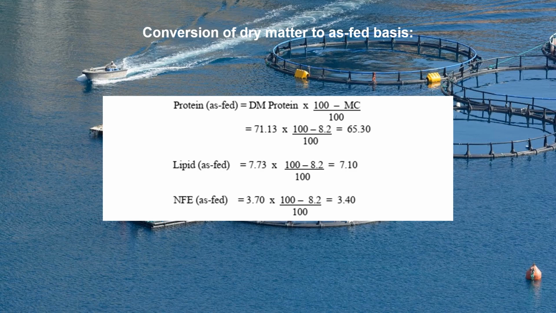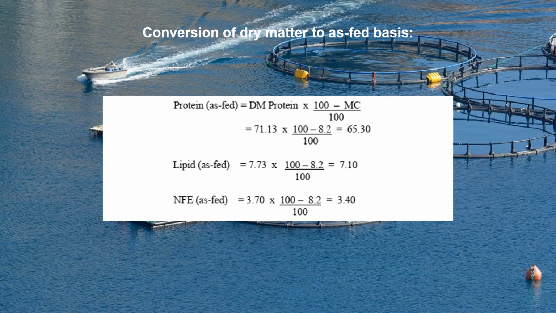So for protein, as feed is equal to dry matter protein times 100 minus the moisture content over 100. So for example, the dry matter protein is 71.13 times 100 minus 8.2, which is the moisture content, over 100, equals 65.30. Next is the lipid as feed.